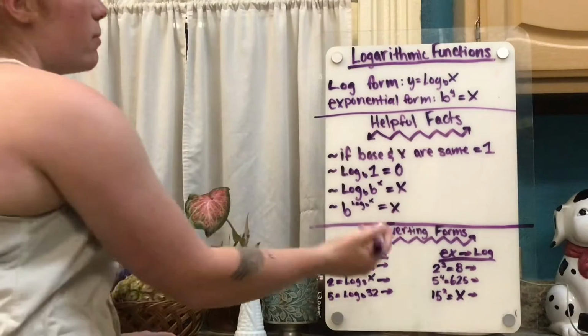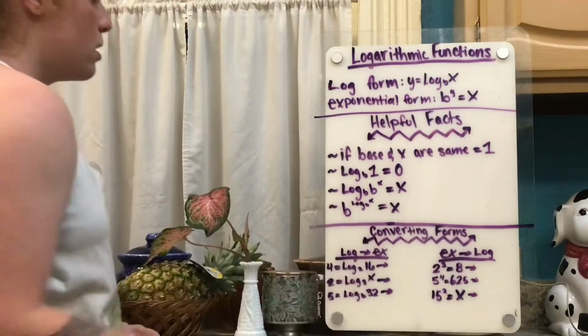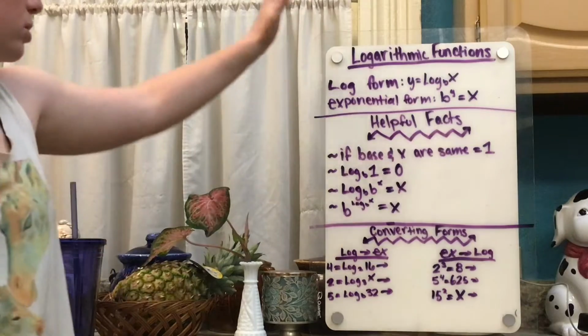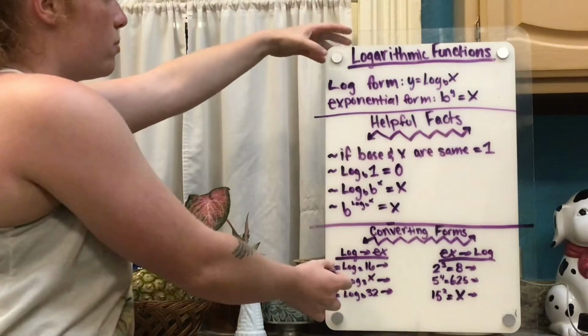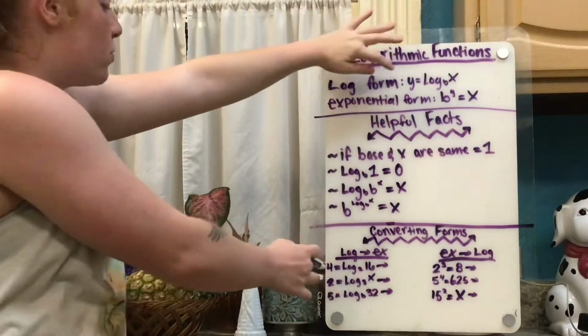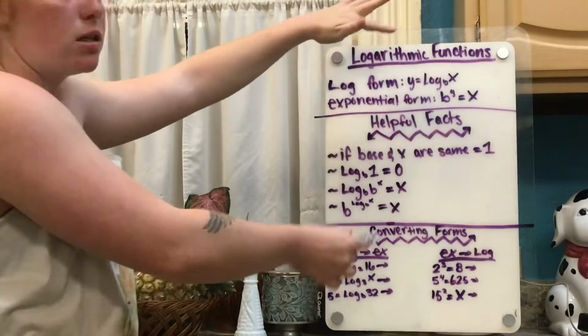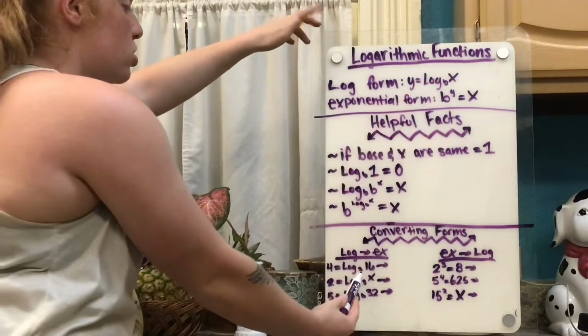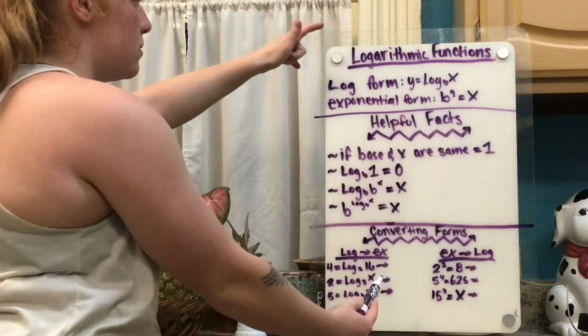So next I'm going to talk about converting the forms. Right now, this is in log form: y is 4, and then obviously log base here is 2, and then x is 16.